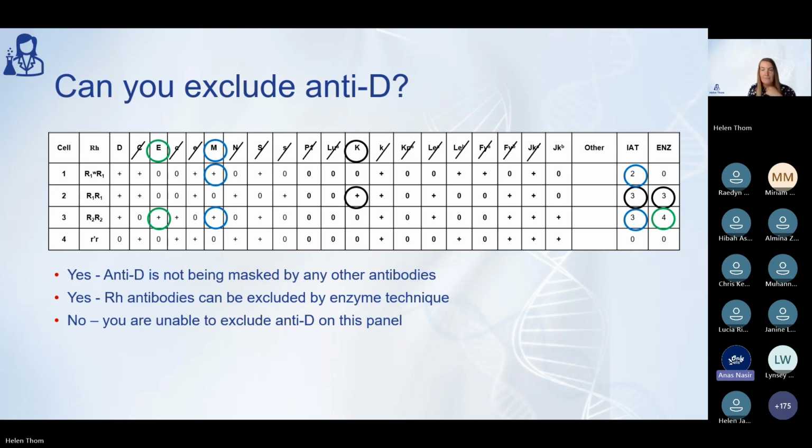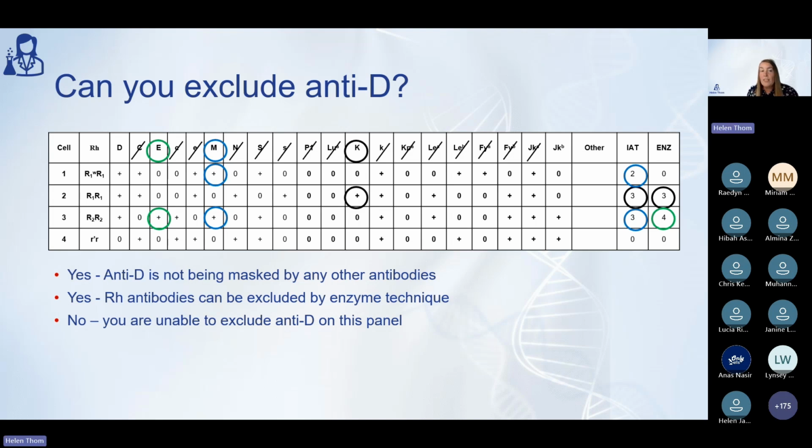Okay, from the 40 responses that we've got, about half have said yes, Rh antibodies can be excluded by enzyme technique. 40% have said no, you're unable to exclude anti-D on this panel, and a few people have said anti-D is not being masked by any other antibodies.